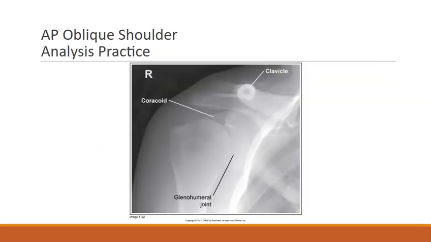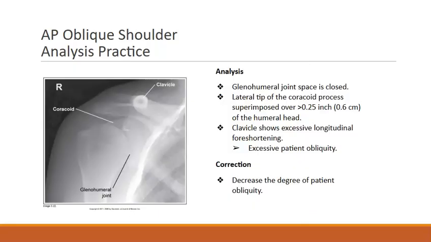Go ahead and review this AP oblique shoulder and answer the following question. Let's review this practice analysis together. We want to look at the positioning of the coracoid process in relationship to the humeral head, and is the glenohumeral joint space open?